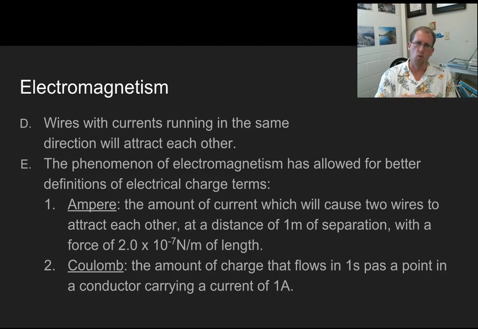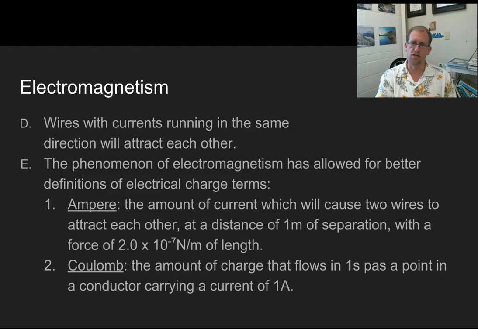So an amp was some large number, 6.24 times 10 to the something big, number of electrons somewhere, right? Hard to count the number of electrons. Hard to measure what an amp is. But if we take wires that are magnetically attracted to each other, we can measure the magnetic attraction between two wires and determine how much current is flowing through those wires. So that's allowed us to redefine the amp into something that is a lot easier to measure.